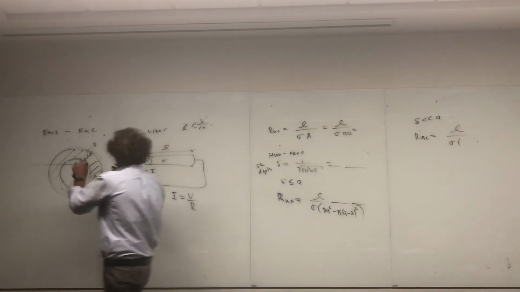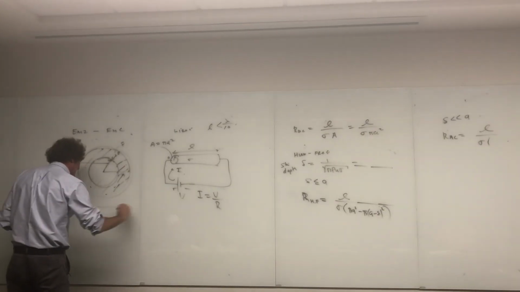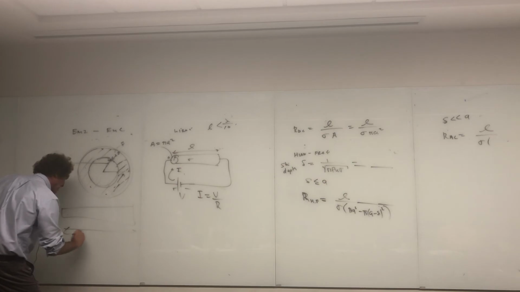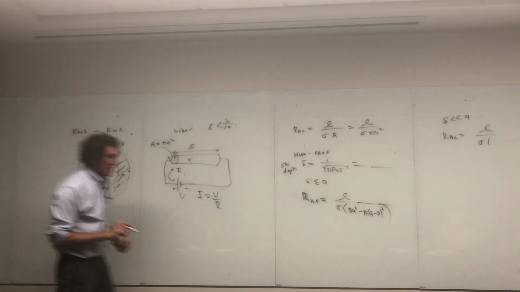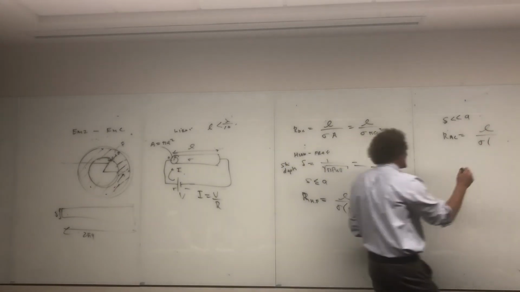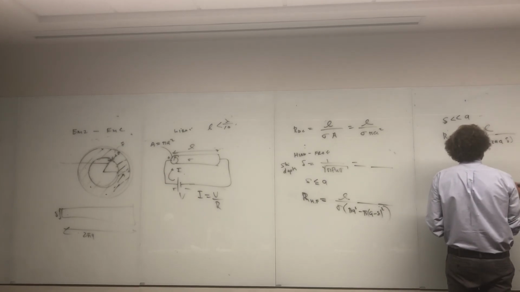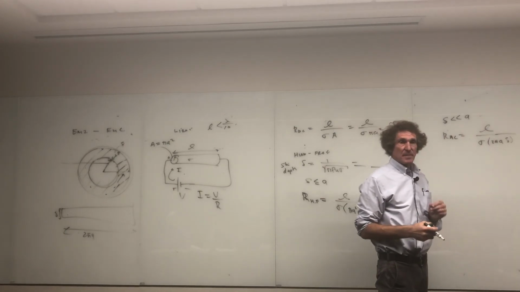You can say this looks like a very thin strip, so you can cut it and lay it out flat. The length would be the perimeter, 2 pi a, and the thickness would be delta. That comes out to simply 2 pi a times the skin depth. That'll be the new effective area, and that's R_AC if that condition is met.